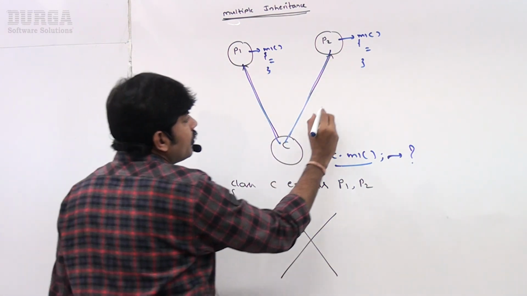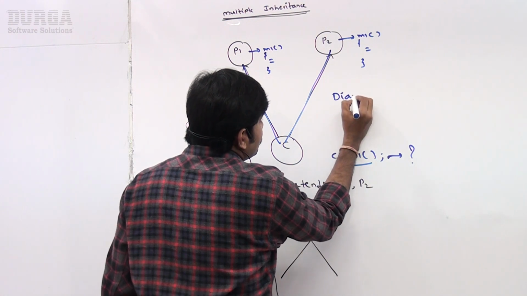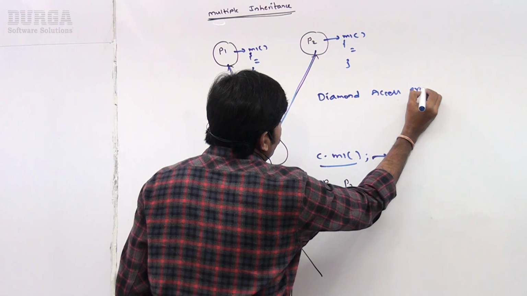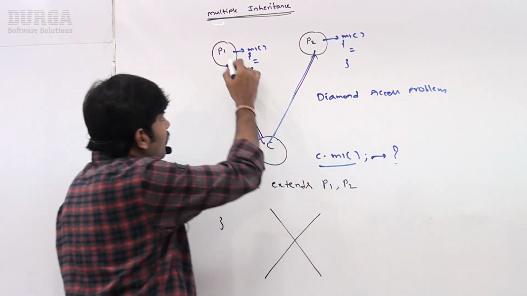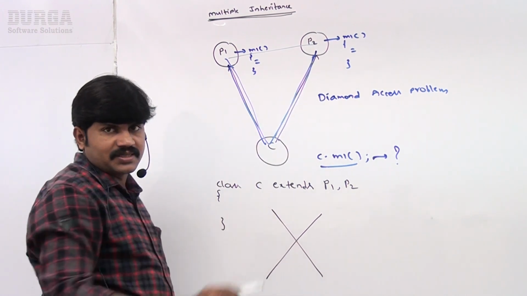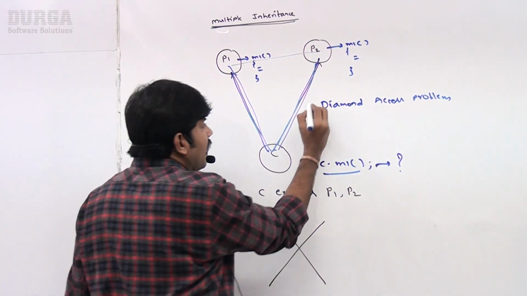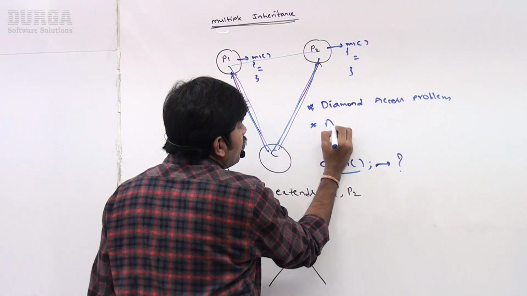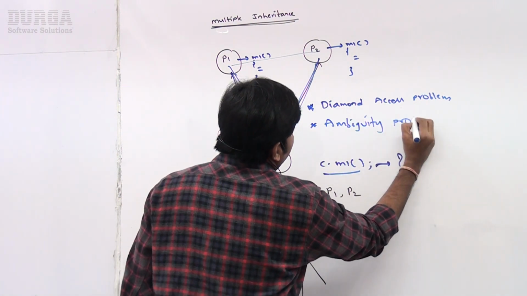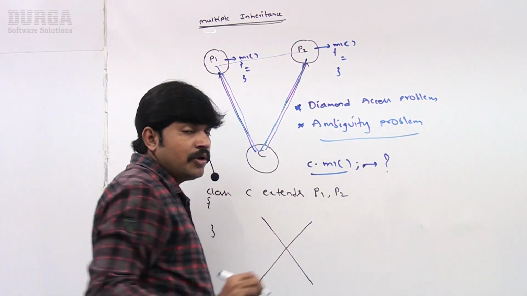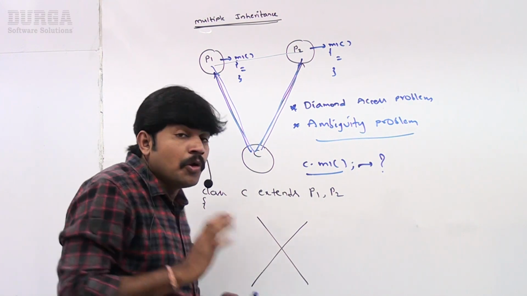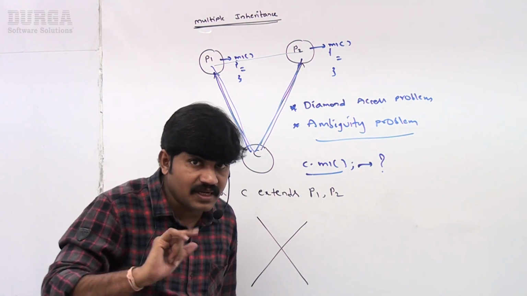Some people call it the diamond problem, have you observed, something like a diamond style. Or some people may use the word ambiguity problem. So, because of this problem, Java won't provide support for multiple inheritance. Is it clear for all of you, right?